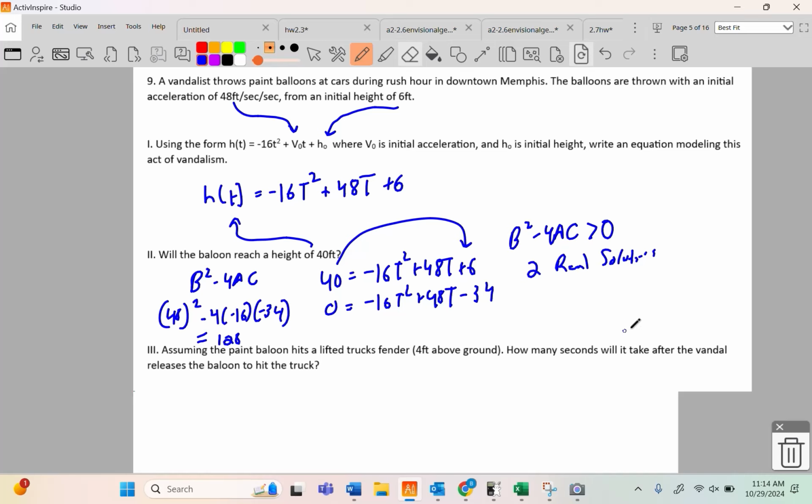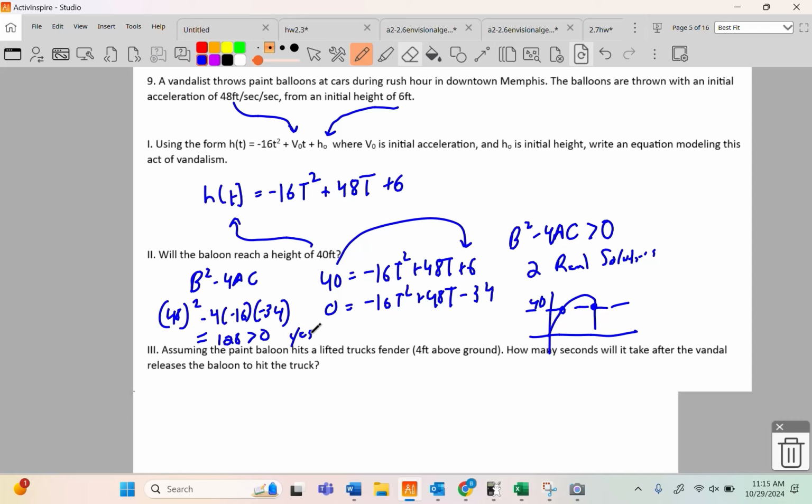If we think about a graph, we go up, we go down, and we have this line at 40 foot, it's hitting it twice. So since this is bigger than 0, yes, it will reach 40 feet twice, on the way up and on the way down.